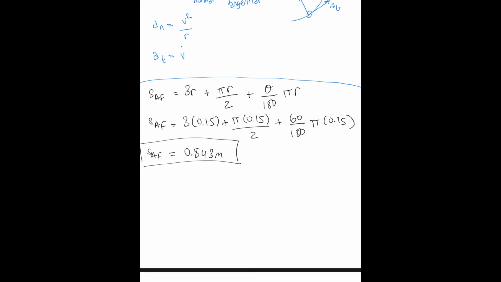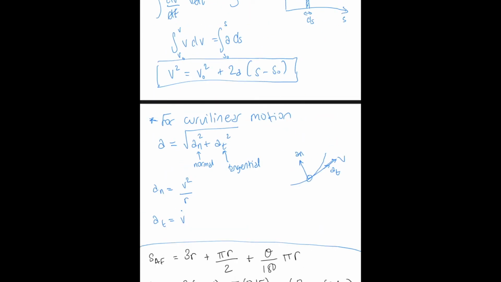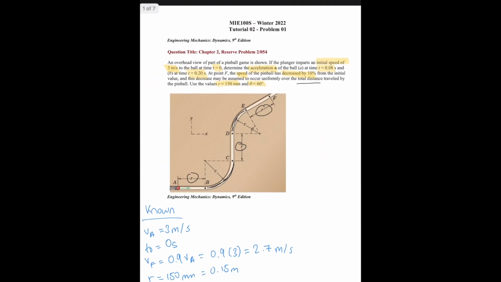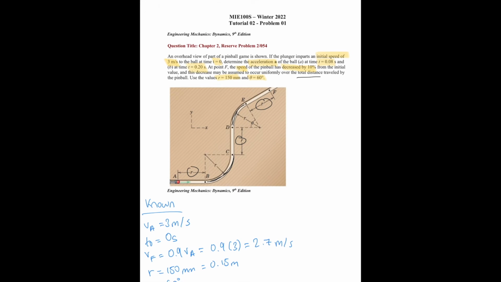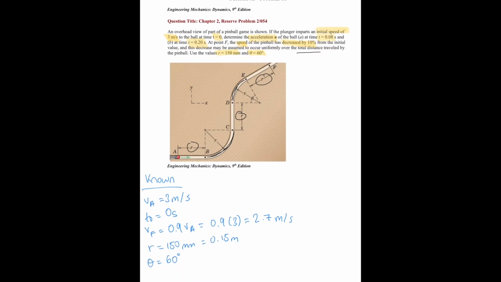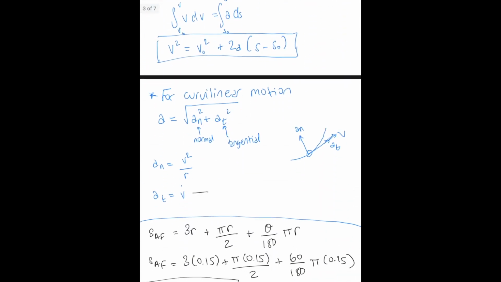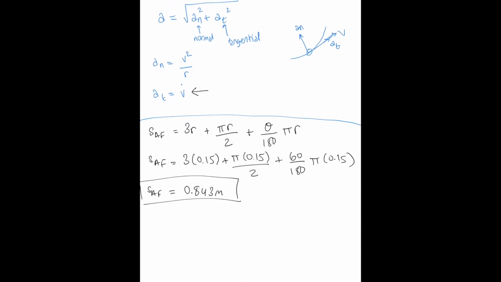Now we want to find the acceleration along this whole distance, but we know that the acceleration is not constant due to all these curves. So we want to find the a_t portion, or the tangential portion of the acceleration.